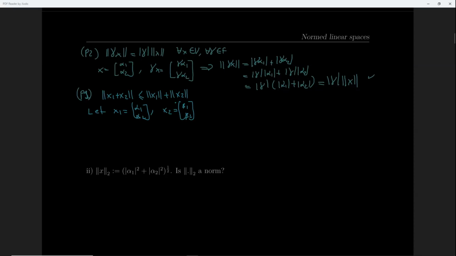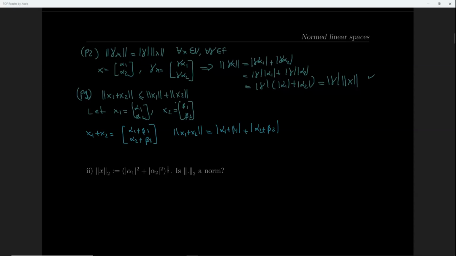And if I write down x1 plus x2, it will be the vector alpha 1 plus beta 1 and alpha 2 plus beta 2. And the norm of x1 plus x2 is equal to the absolute value of the first term plus the absolute value of the second term: absolute value of alpha 1 plus beta 1 plus absolute value of alpha 2 plus beta 2.